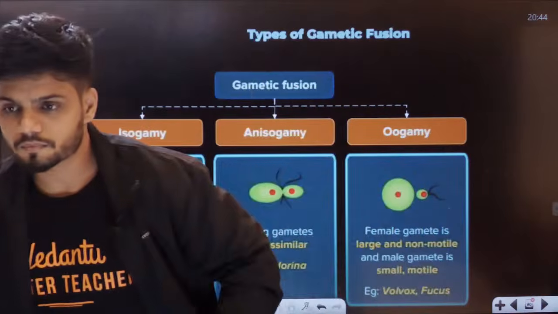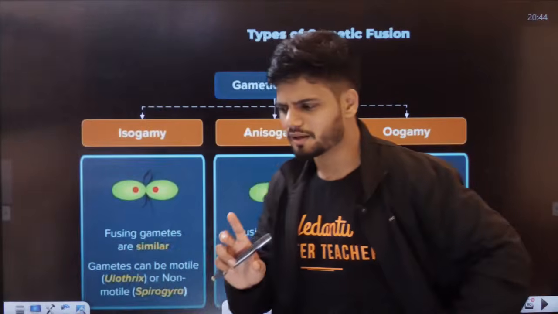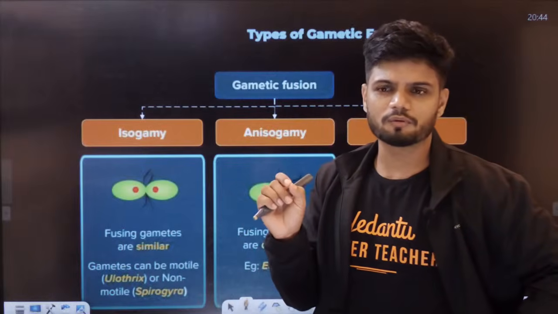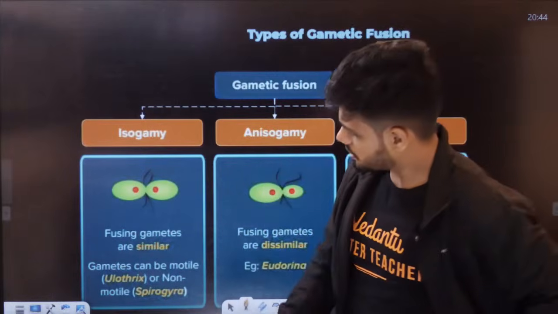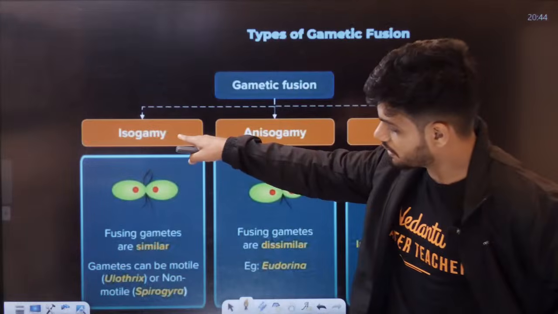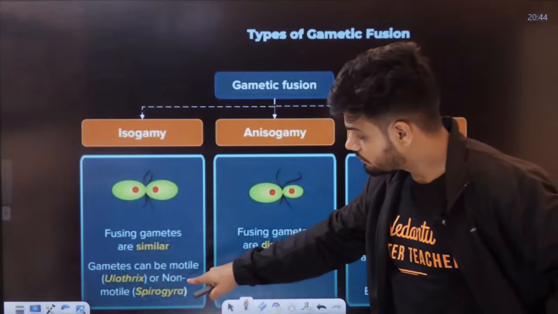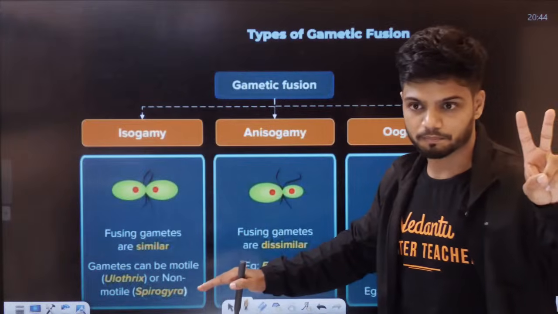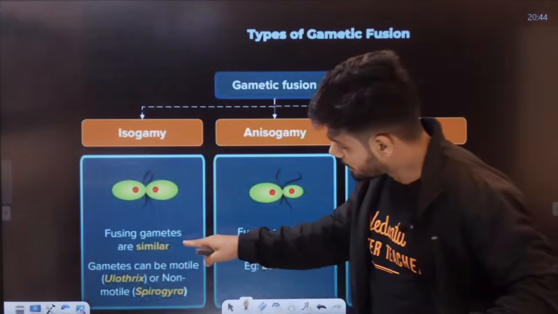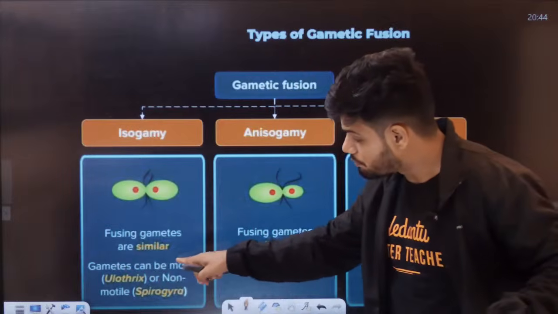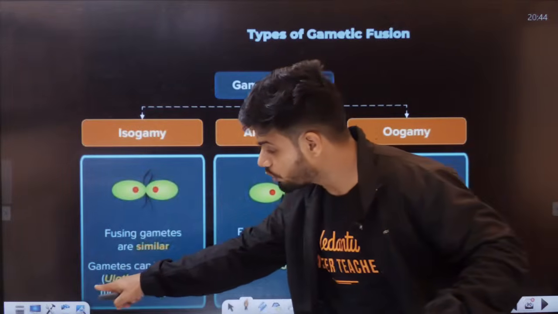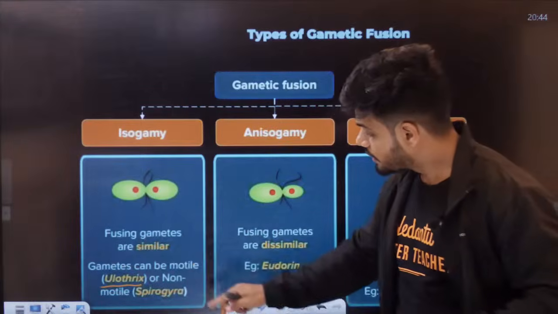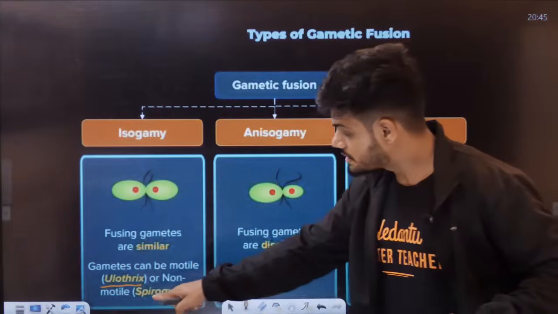Okay, students, what are the examples here? The main famous example which has always been asked is isogamy, where gametes can be motile or non-motile. Under isogamy, there are two examples mainly. The motile example is Ulothrix, and the non-motile example is Spirogyra.